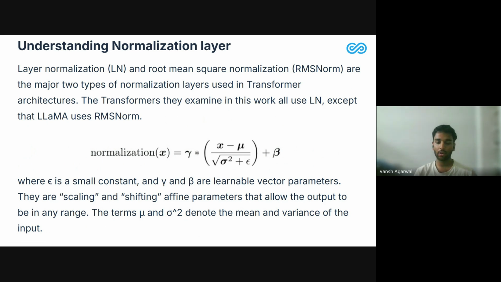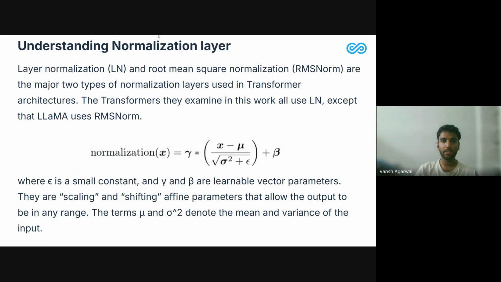In layer norm, you do it for a token, and in RMS norm, you take the mean as zero and just scale with the root mean square of the tokens. As you can see, there's the formula. Here epsilon is a small constant, and alpha and beta are learnable vectors called the scaling and shifting affine parameters, and mu and sigma squared denote the mean and the variance of the input.